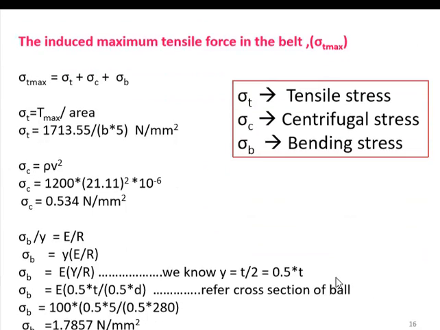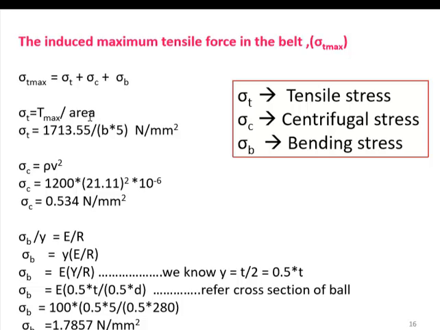The induced maximum tensile force in the belt, sigma T max, can be divided into three parts: the tensile stress, centrifugal stress and bending stress. Each of which we can substitute and try to find out the parameters. Sigma T is T max by area.